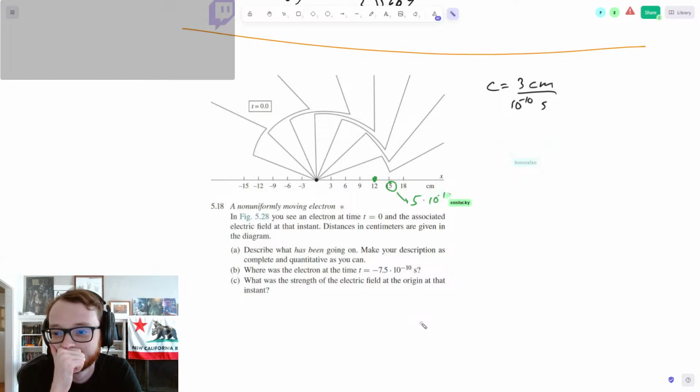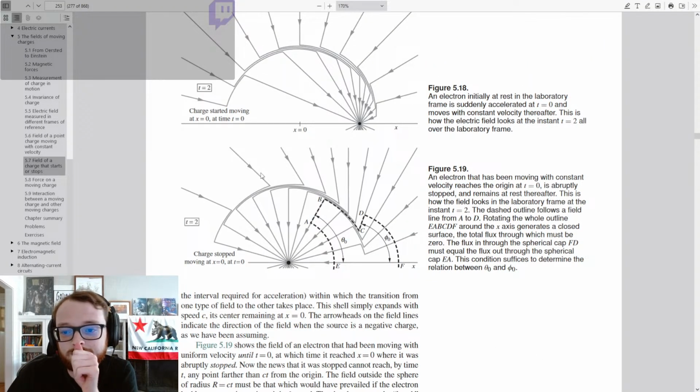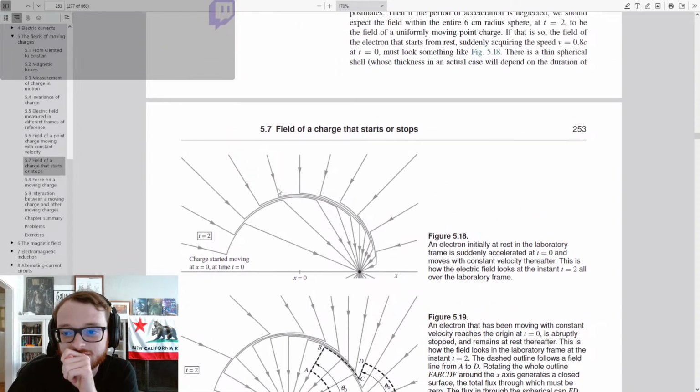Yeah, I don't get it. It seems like it would have had to teleport from 12 centimeters to 0 centimeters. Sort of like everything inside that circular part thinks it's at 0 centimeters, and everything outside that circular part thinks it's at 12 centimeters.